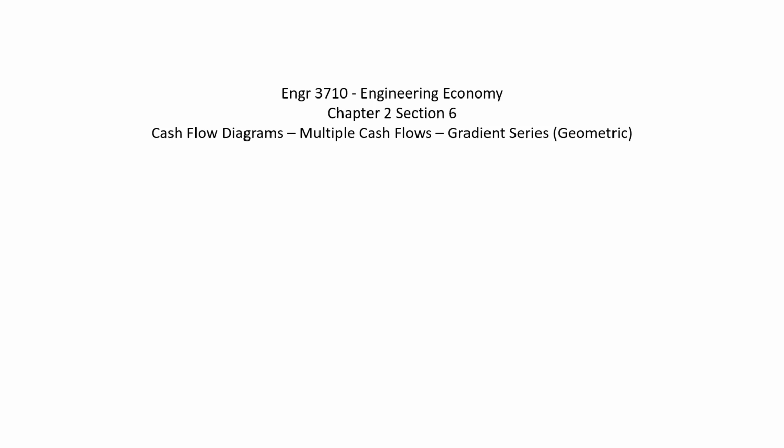There was no rhyme or rhythm, is how I have been putting it. And the one after that is a uniform series. Let's say you keep depositing a certain amount of money every year. How much would you have in the future if you were to do that? So that was uniform series.